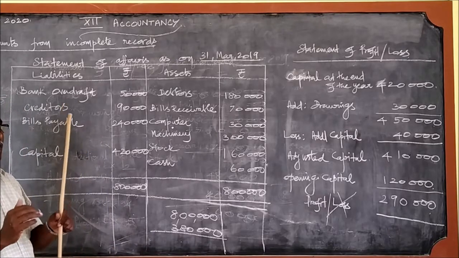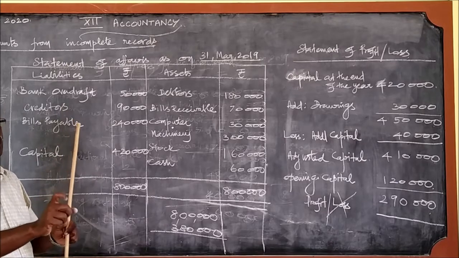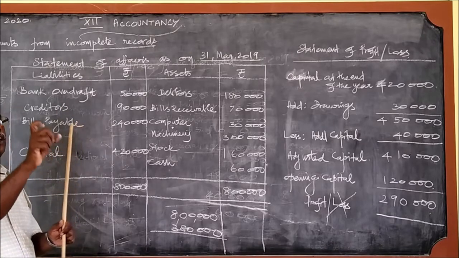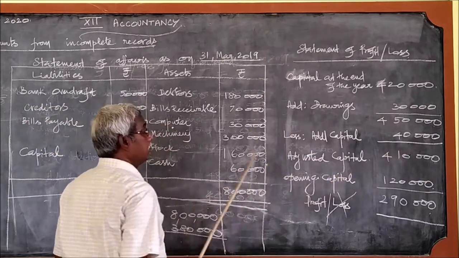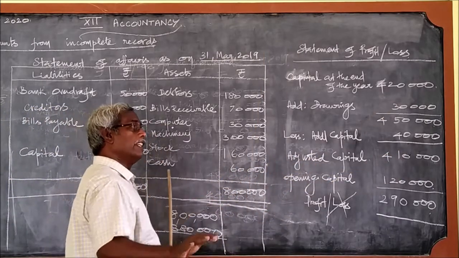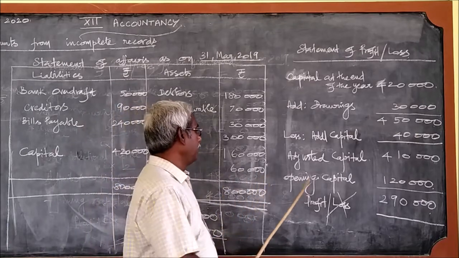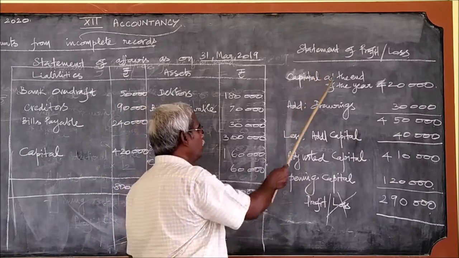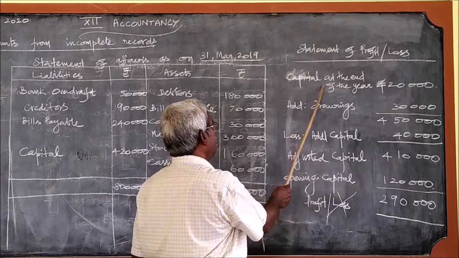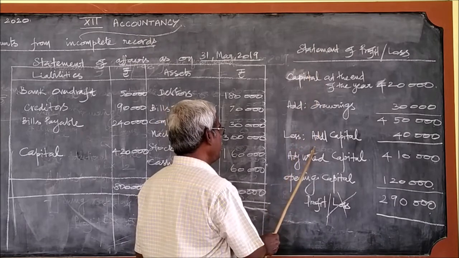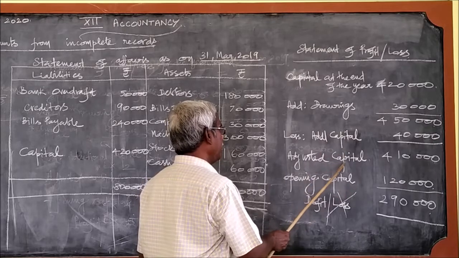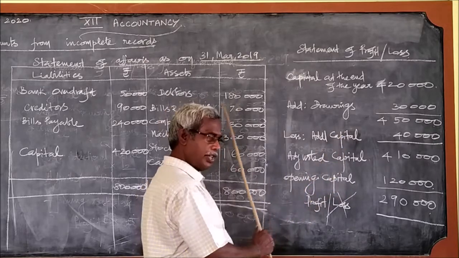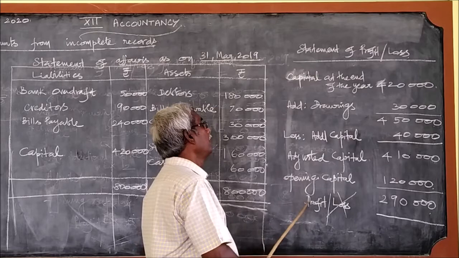Once the business is started with some amount, that is called the capital in the beginning of the business, so it is opening capital. We know the format: capital at the end, add drawings, less additional capital. The answer we get is adjusted capital. We should compare the opening capital with the adjusted capital to find the profit or loss.